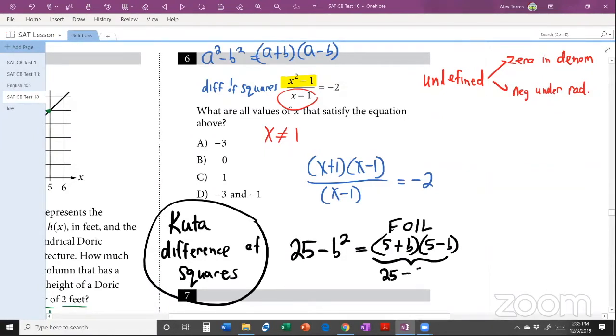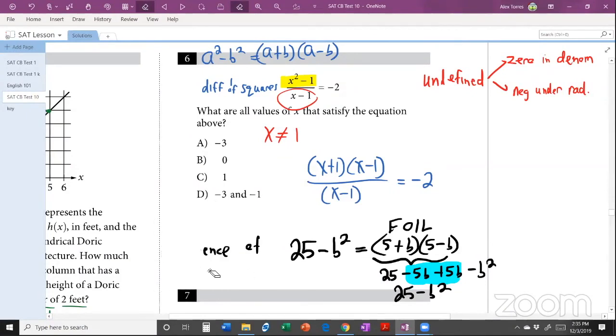First times first, outer times outer, inner times inner, last times last. So that comes out to 25 minus b squared. We do so many of these that we know that if you are multiplying something like this with the plus and minus, the outer and inner terms of the foiling are going to automatically cancel each other. And so that's why we won't even write it. We'll just do 25 minus b squared, having done a lot of those. So that's a little aside about differences of squares.